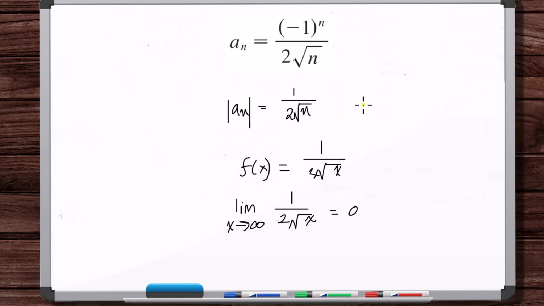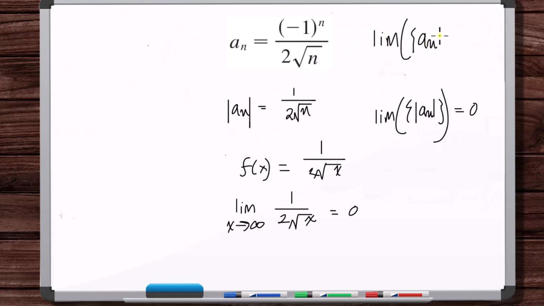That means this limit is 0. And since the limit of the absolute value of this sequence is 0, the theorem states that the limit of just this sequence is equal to 0.